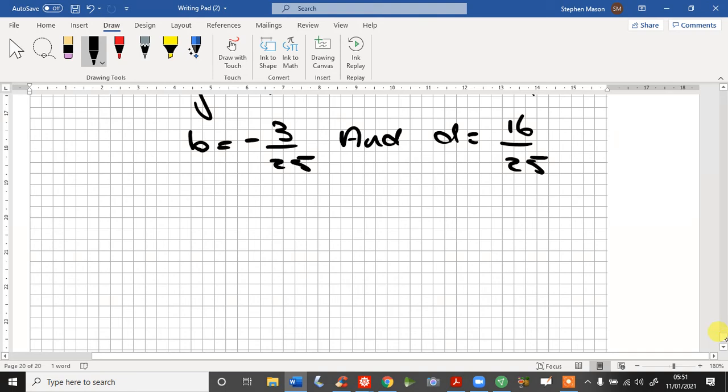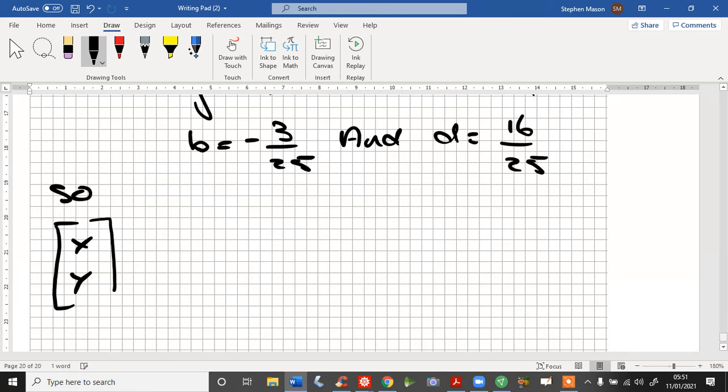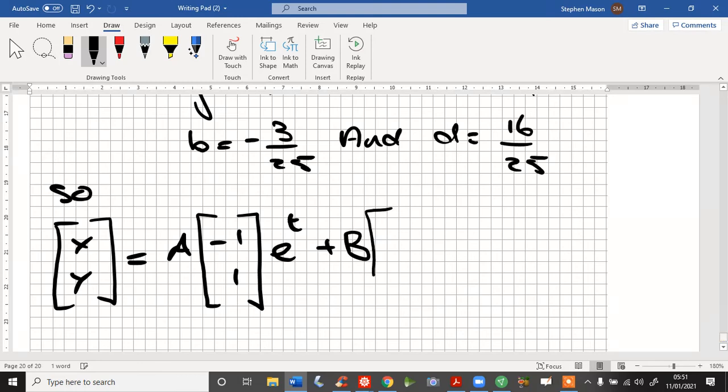So what we have is x and y equal to A times -1, 1, e to the power t, plus b, 1 and 3, times e to the 5t, plus, well, we've got -8/5t here.